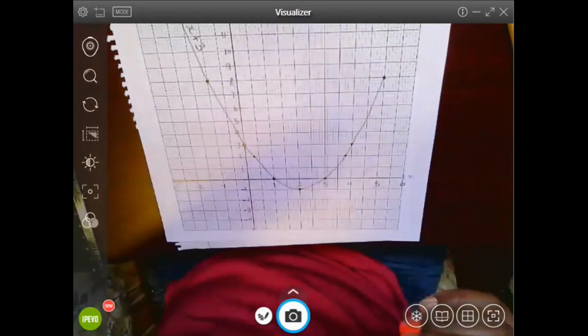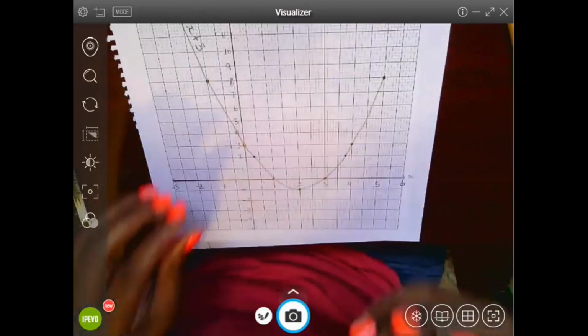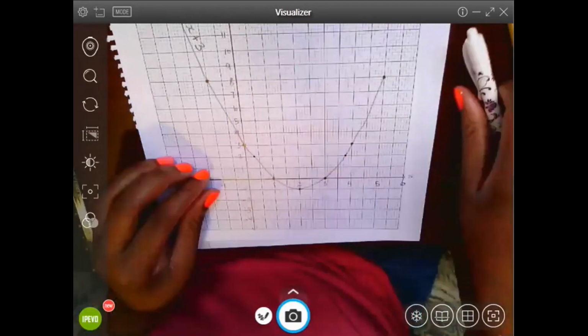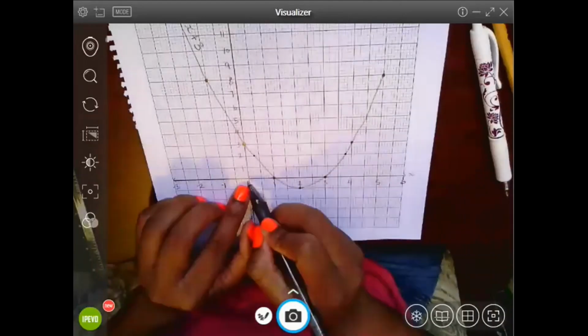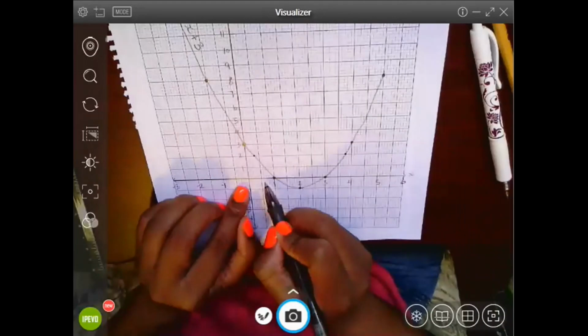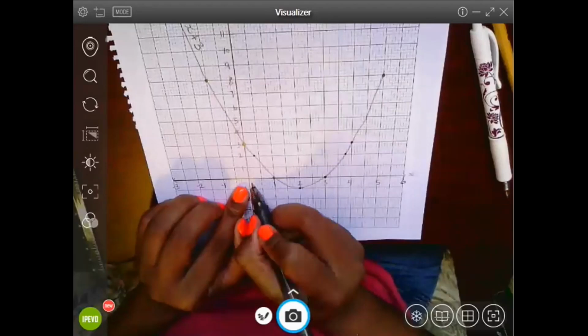Now I'm going to have to estimate what the x value is. But here's what I do know about my scale. I know that from this point, which is 0, here is 0.5. So that means that each individual line must be 0.1. So this is 0.1, 0.2, 0.3, 0.4, and then 0.5.